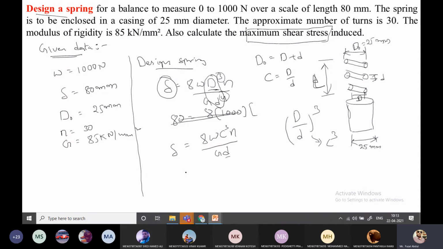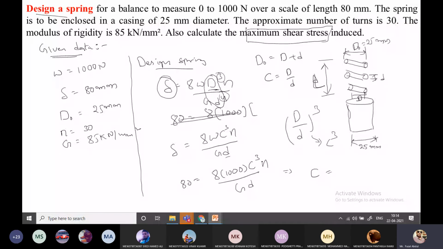Now 80 equals 8 into 1000 into C power 3, we don't know C, into N divided by G into d. With this we'll get the answer in terms of C.